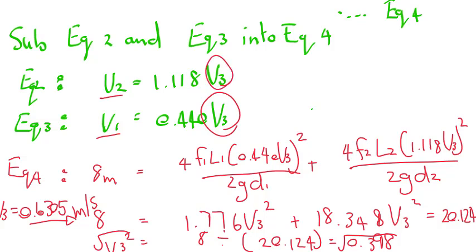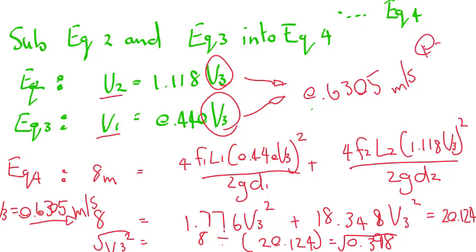So you can calculate the velocity of the first pipe and the velocity in the second pipe by just substituting in the value of 0.6305 meters per second. And then you can simply calculate the flow rate, where you can use Q equals A times V for each case. And that's how you solve this problem.